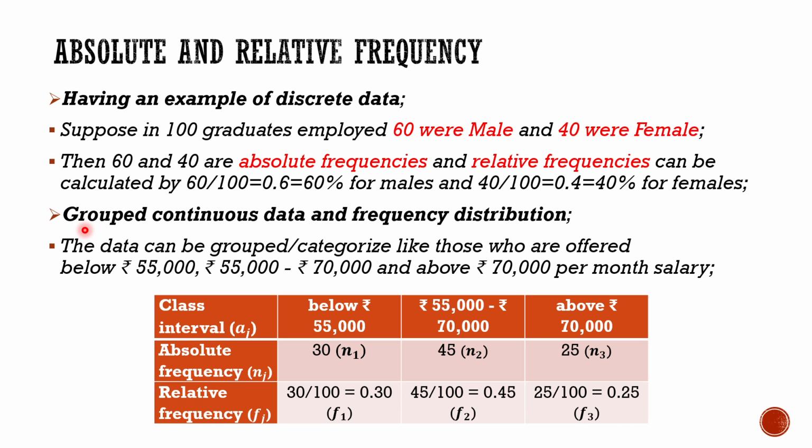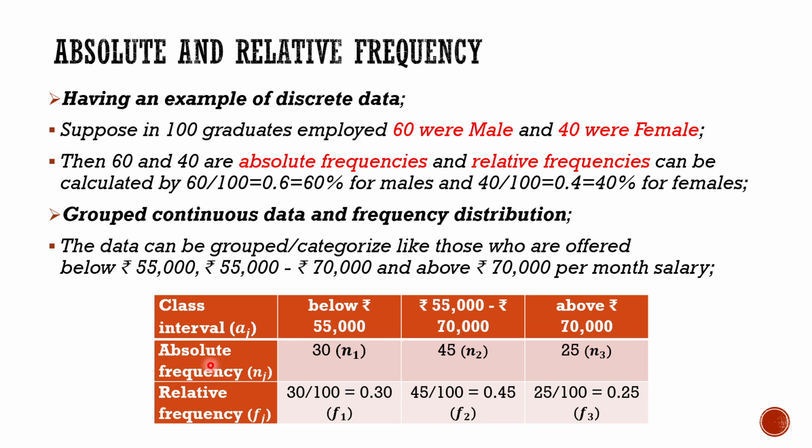Now, for grouped continuous data, what would be the frequency distribution? We can take the earlier example of grouped or categorized data of monthly package, and you can see that here there are 3 different classes, and these are denoted by aj.